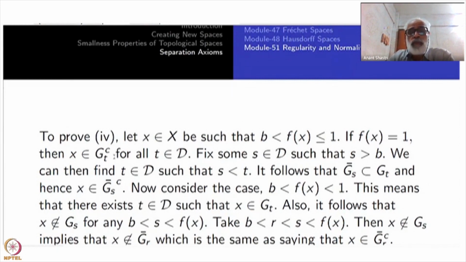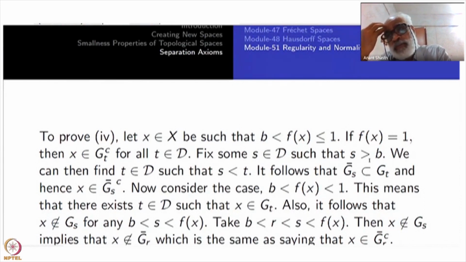It's in the G_t complement. So fix some s belonging to D such that s is bigger than b. Take some s inside D because b is less than 1. Between b and 1, there must be some s. What is s? S is an element of D.